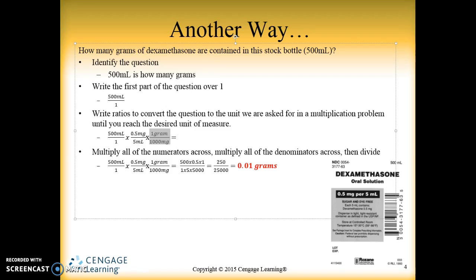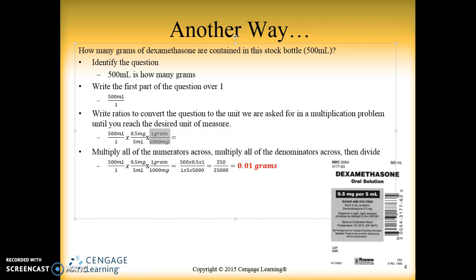So in our textbook, we learned that 1 gram is equal to 1,000 milligrams. And notice I put the milligrams on bottom because I want to cancel the units. Once I've set my problem up and I've gotten to a point where I can tell that my units are going to cancel and I'm going to be left with a unit that I desire, the grams, then I'm ready to do the math.